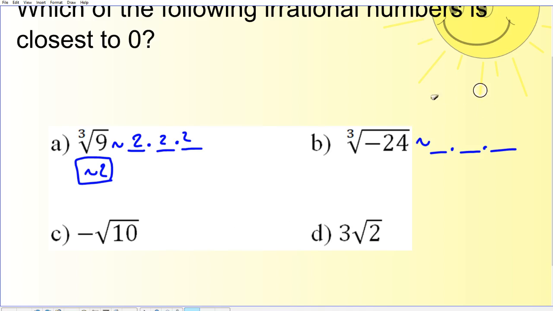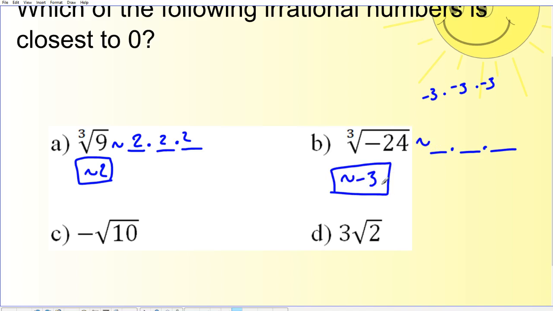Okay, so what if I tried negative 3? Negative 3 times negative 3 times negative 3 would be negative 27. That's pretty close. I don't think I'm going to get anything closer than that. If I try negative 4, I'm going to get negative 64. 4 times 4 times 4 is 64. So I think the cube root of this is about negative 3.